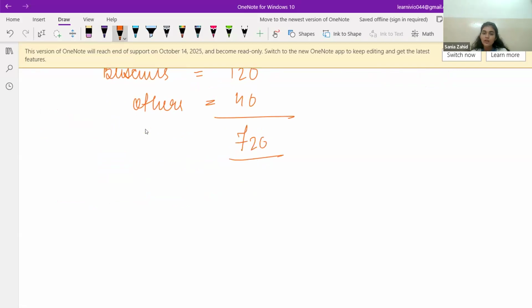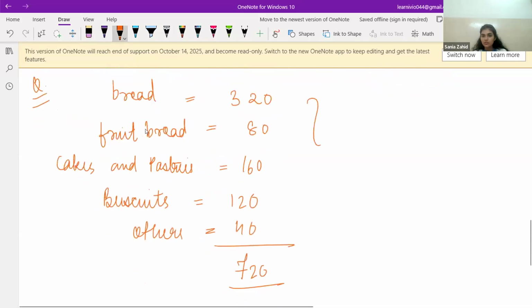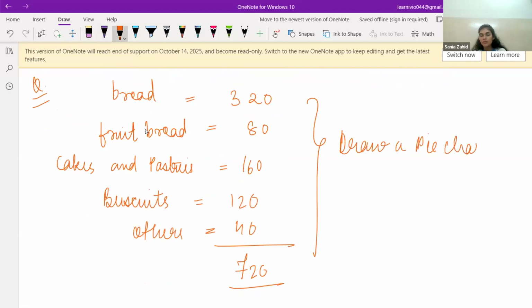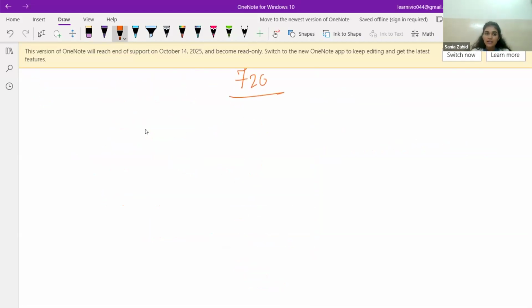So what you have to do is draw a pie chart based on this. See children, just remember one thing. To draw a pie chart, I need the degrees of everything. That is my main concern. So I will have to find the degree, like how much degree should I take for bread, how much for fruit bread, how much for cakes and pastries, etc. So I will draw the chart like this.